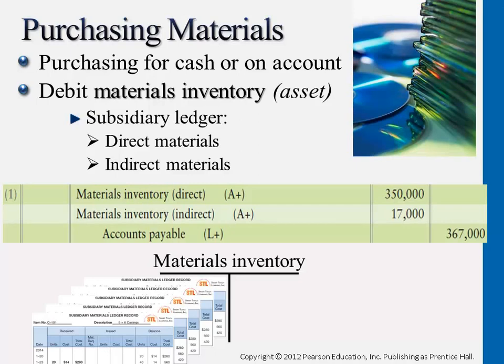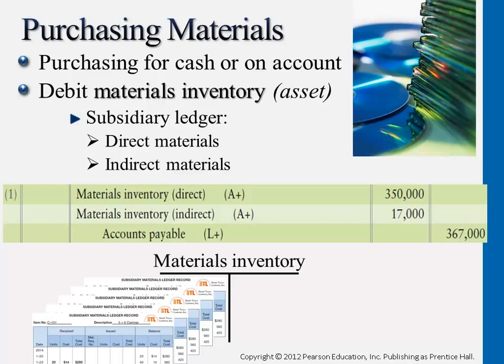Okay, so here we have two types of materials. One type, the main parts, the main materials, major ones that cost $350,000. So when we make new purchases, this is the debit side, right?